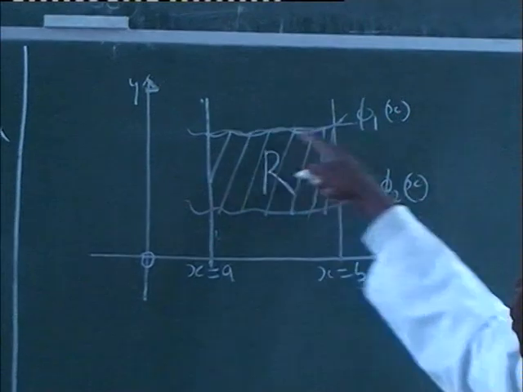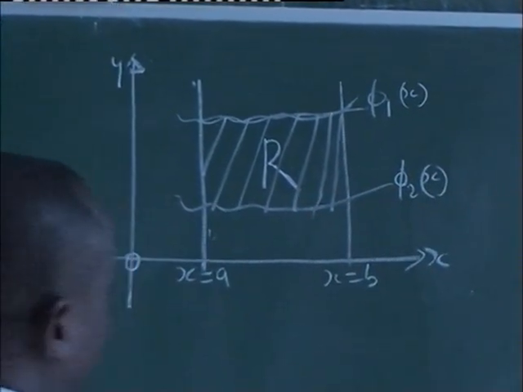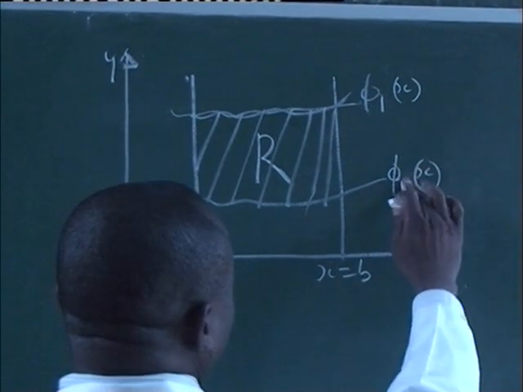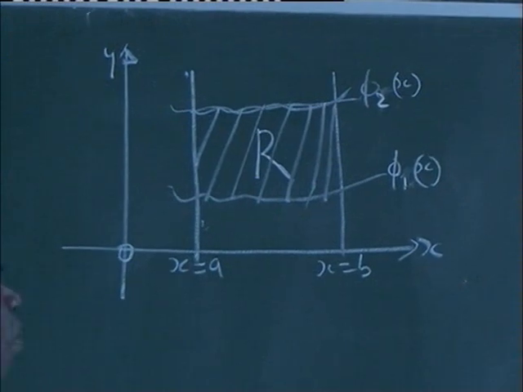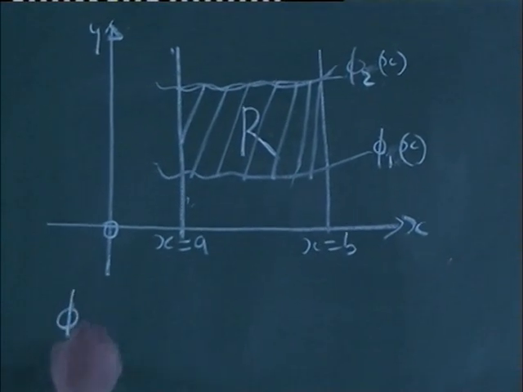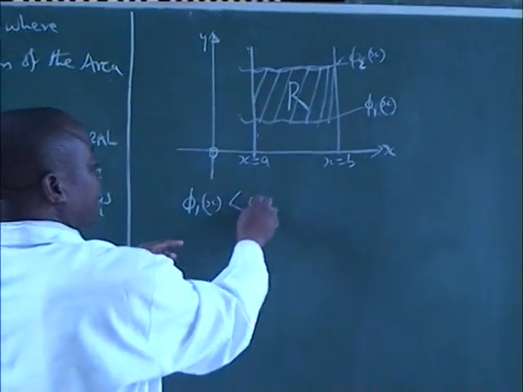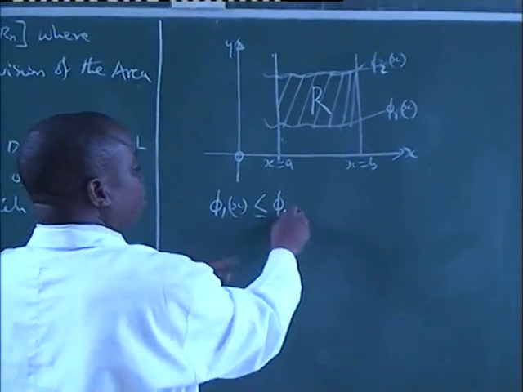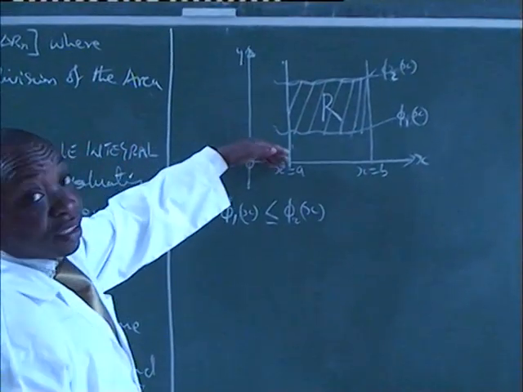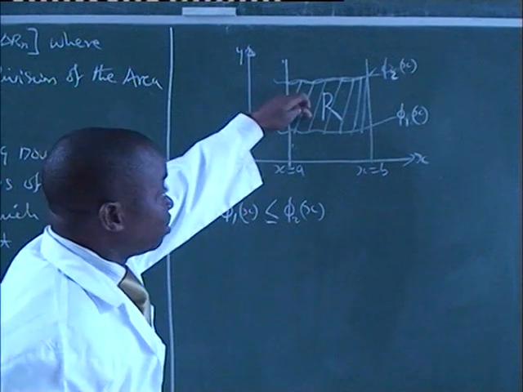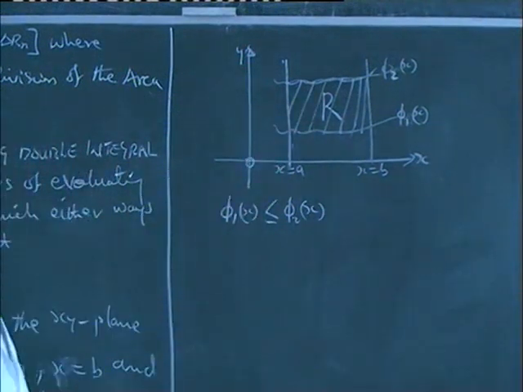Now let this curve be phi 1 of x and this be phi 2 of x. What it means is that phi 1 of x is less than or equal to phi 2 of x. This is the region we are talking about. Let R be this region.